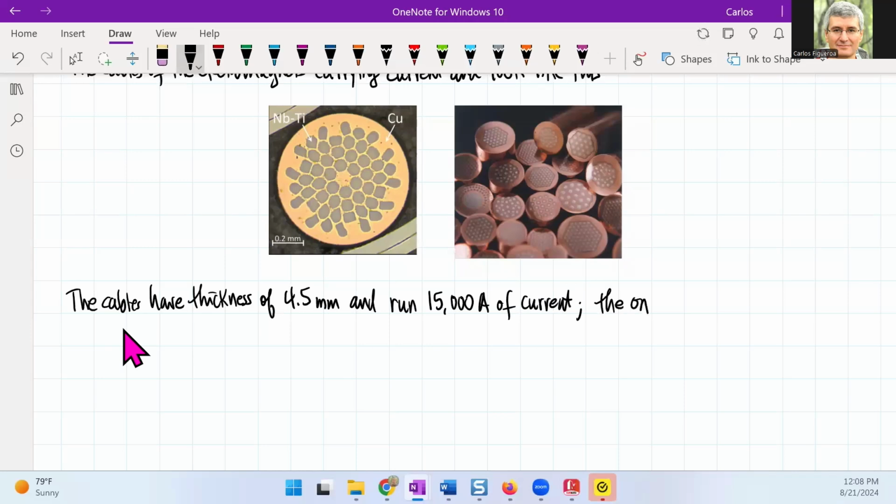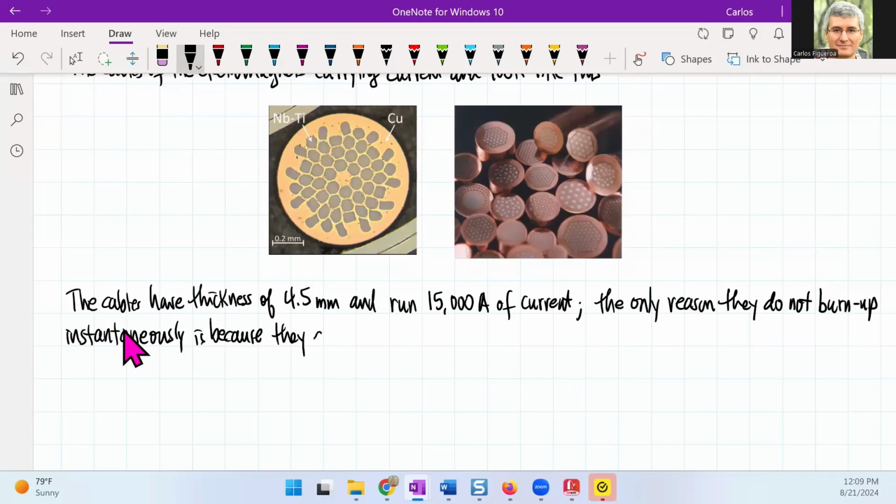The only reason they do not burn up instantaneously is because they are superconductors.